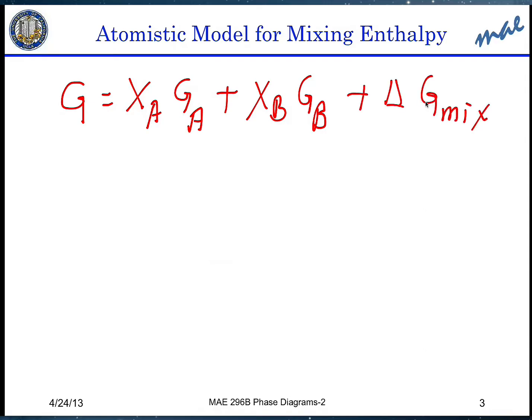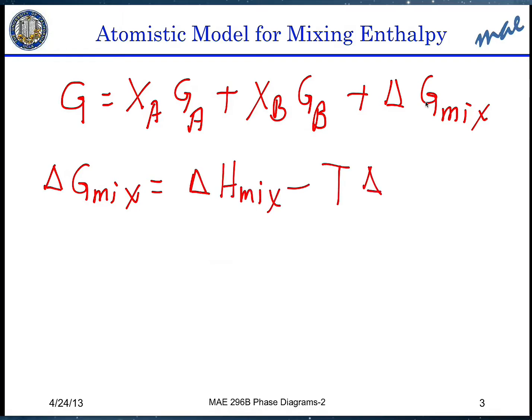So that's where we are right now. We want to find delta G mix, and delta G mix is going to be equal to delta H mix minus T delta S mix.